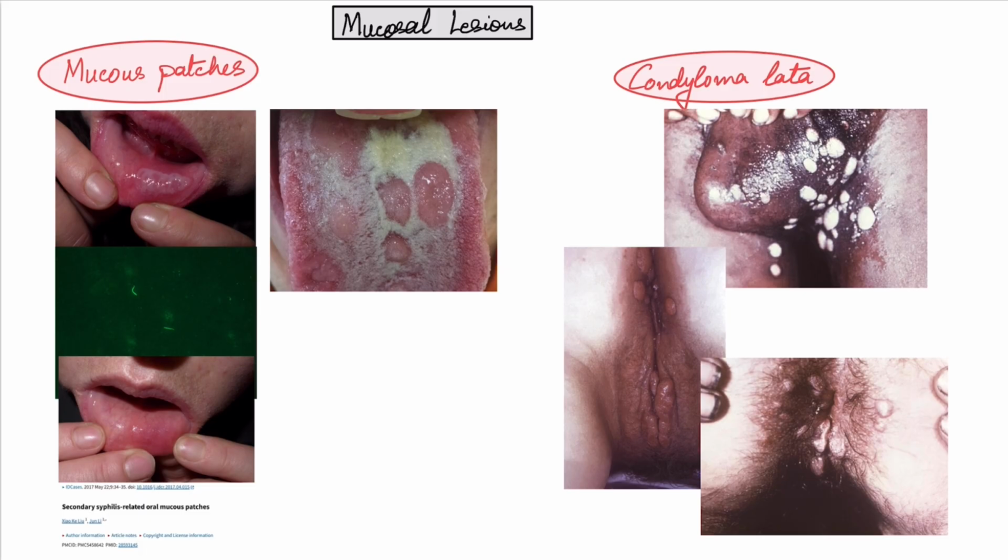And it is a very often asked question how to differentiate between condyloma lata and condyloma acuminata. The condyloma lata are flat topped and moist and they are teeming with treponemes when seen in dark field. While in condyloma acuminata they are dry, they have acuminate endings and they are negative for treponemes.